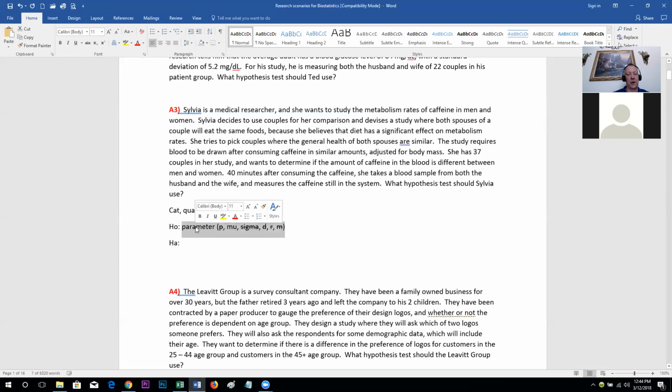So mu, and it has to have an equals in it here. So what do you think? So it's mu equals... What are we trying to compare? We're comparing the blood samples.